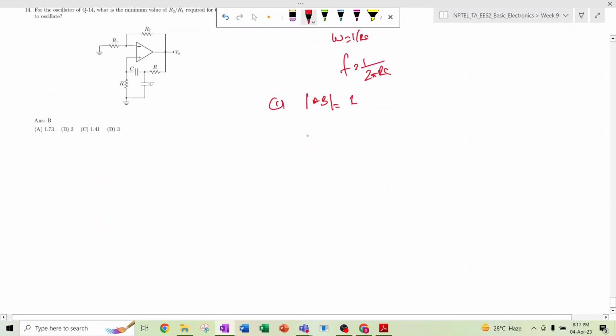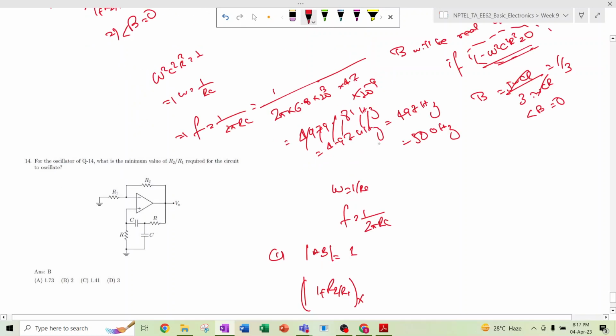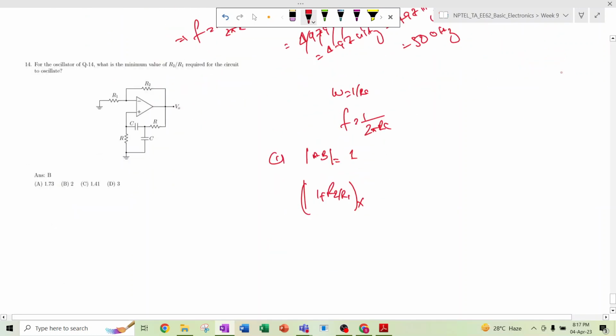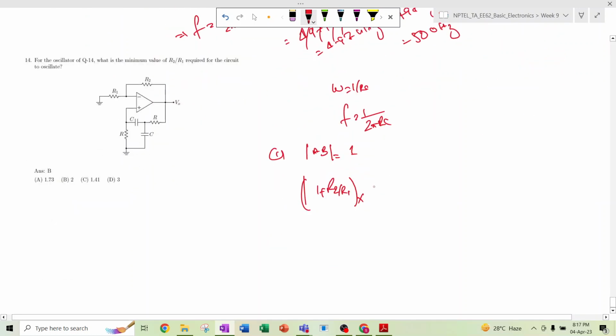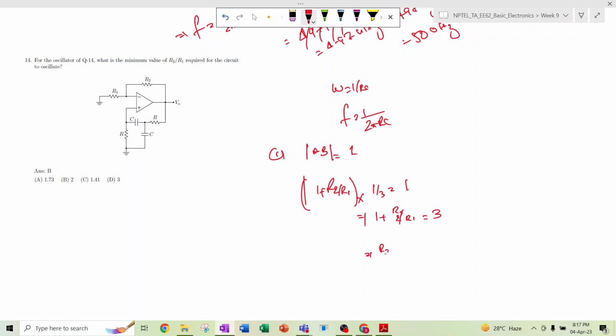So if mod of AB needs to be 1, then A is nothing but 1 plus R2 divided by R1, and B will be 1 by 3, as we have already found out. So (1 plus R2 by R1) into 1 by 3 needs to be 1. That means 1 plus R2 by R1 is equal to 3, so R2 by R1 needs to be 2.